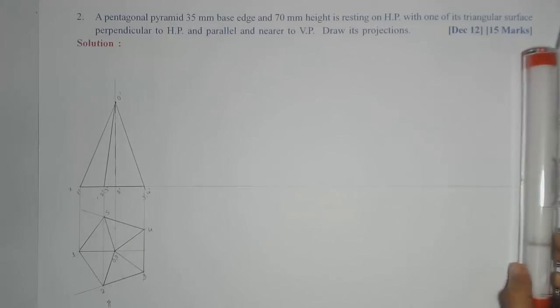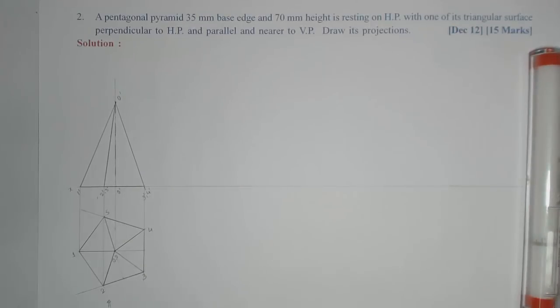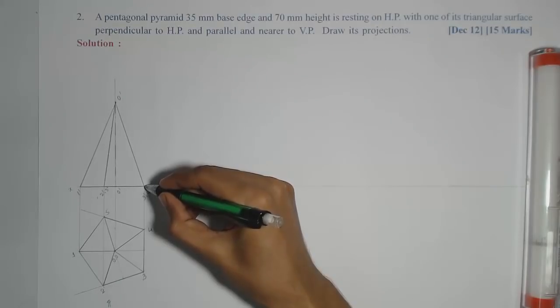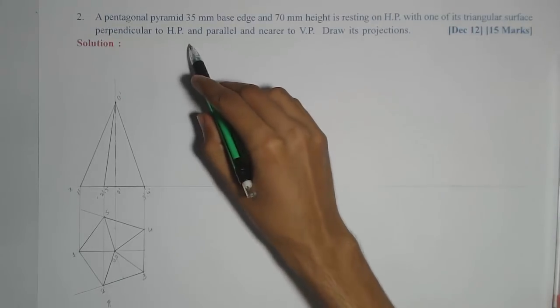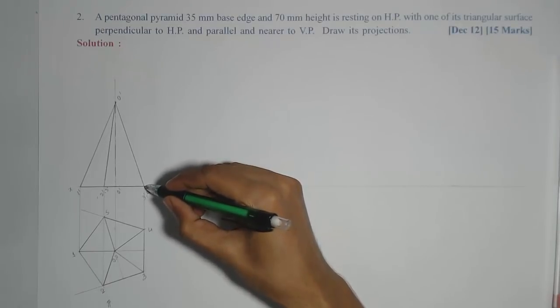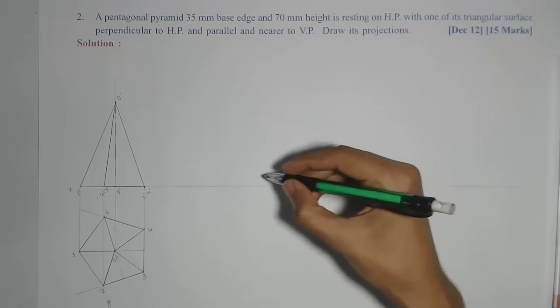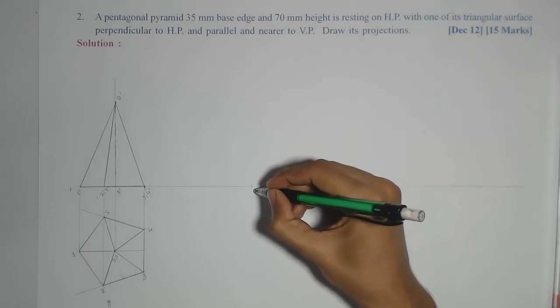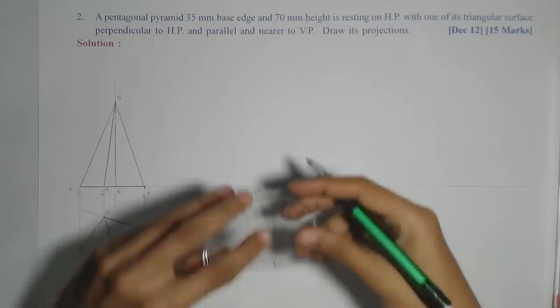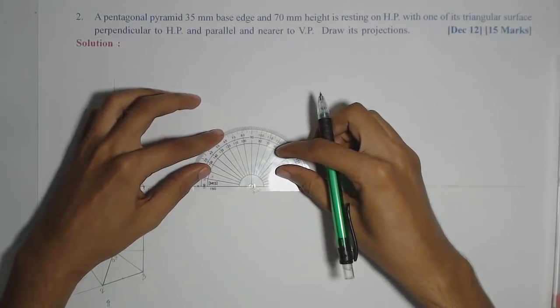So for that, I'll first mark this point 3 dash 4 dash, because while making the triangular surface perpendicular to HP, I should keep this base edge 3 dash 4 dash still in the HP. So I'll first start with 3 dash 4 dash. I'll draw the perpendicular at 3 dash 4 dash.